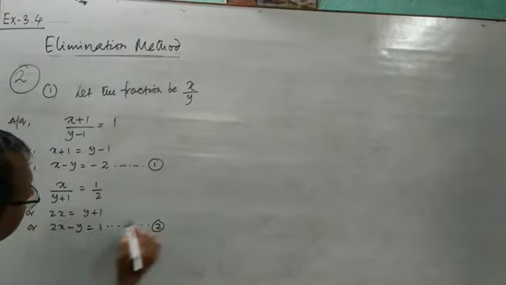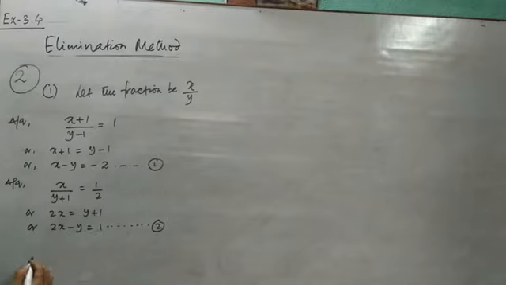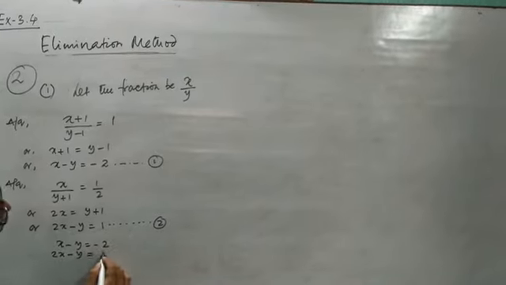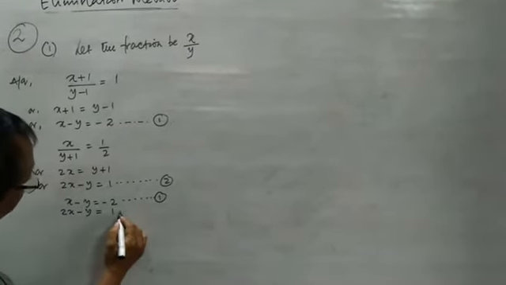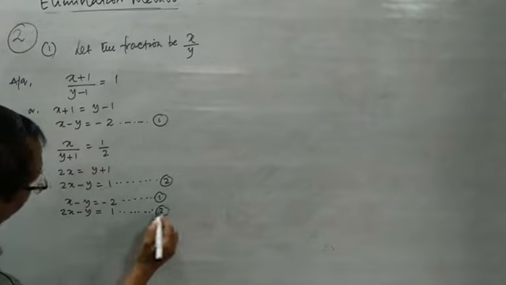This is your equation number 2. So our equations are x minus y is equal to minus 2 and 2x minus y is equal to 1. So this one is equation number 1 and this one is your equation number 2.